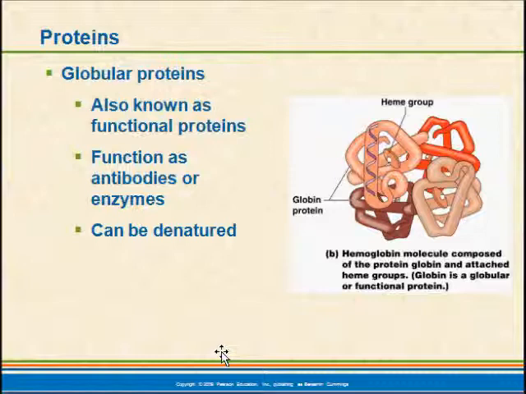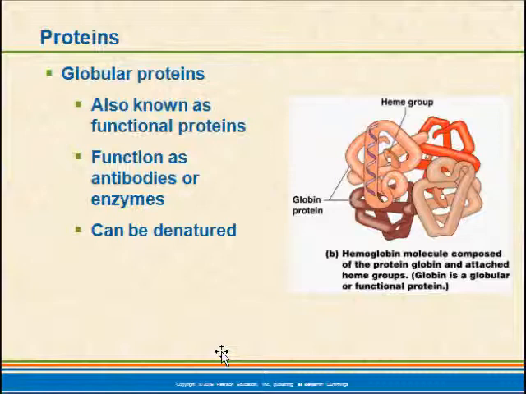By the same token, I have a key, and my key is cut just a certain way to give it a shape that allows it to fit in and do the job that it needs to. Now, if I took a hammer and I bashed it against my key, I would change the shape of my key and it would no longer work. It would be denatured.